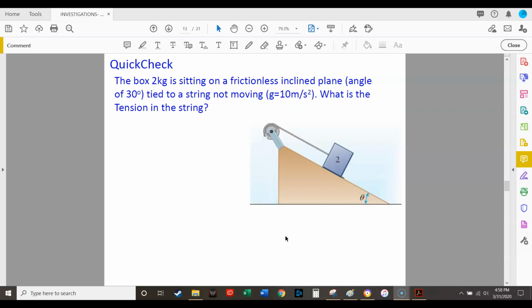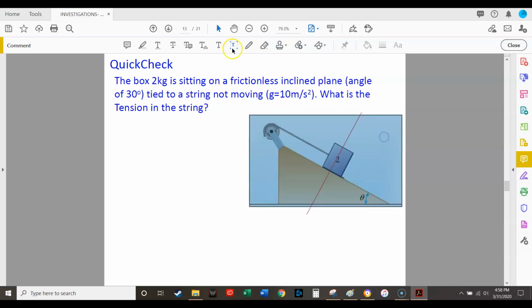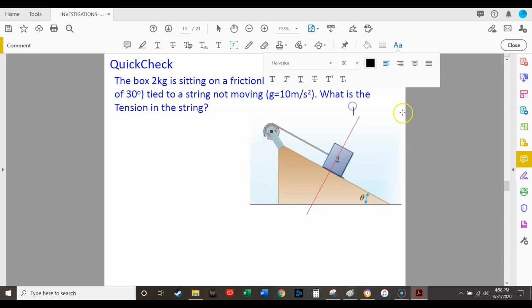All right, we're back. Just like I did in the last couple problems, I'm going to grab a line and draw my coordinate system over here because it's going to help me. I'm going to label this, making sure I use red for the positive y direction.